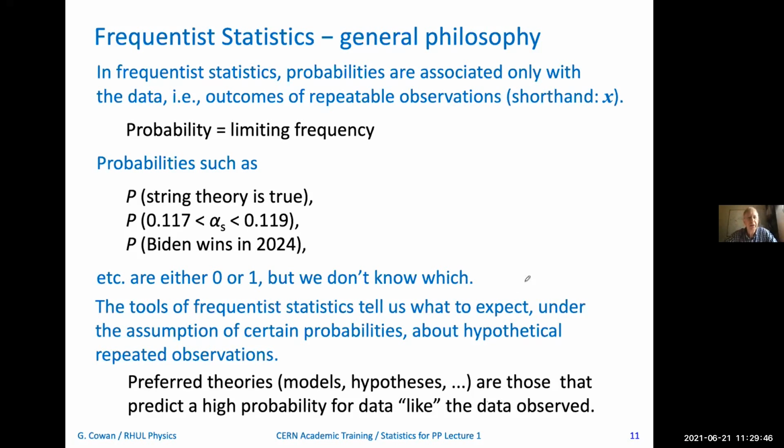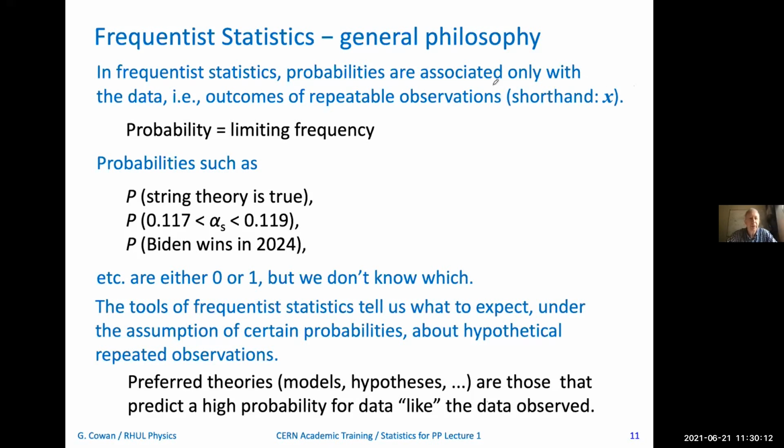Now, in frequentist statistics, probabilities are only associated with the data, only associated with outcomes of repeatable observations. And the shorthand that I will usually use in my slides is some Latin letter like X. So that's just going to symbolically denote the outcome of some repeatable measurement.